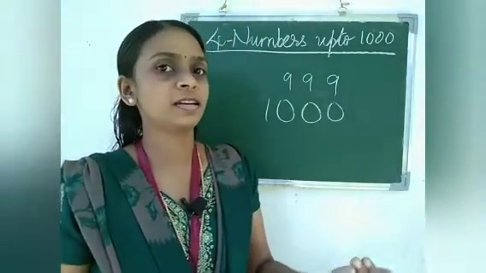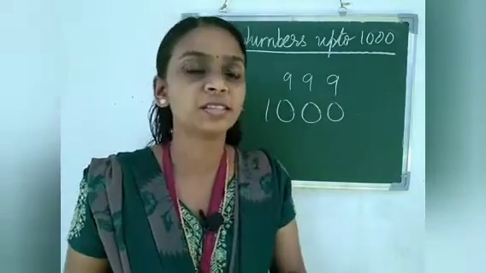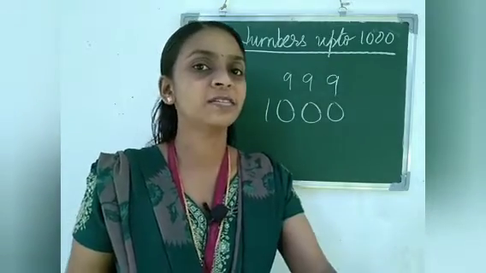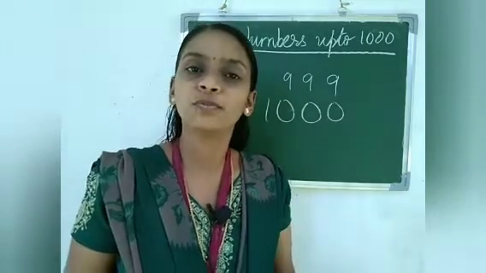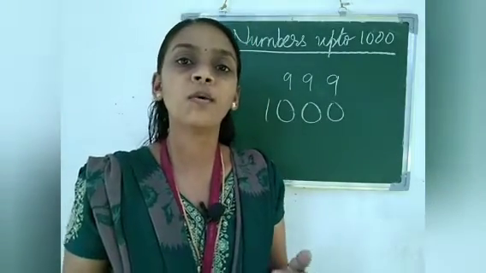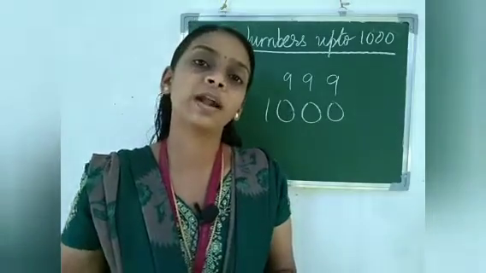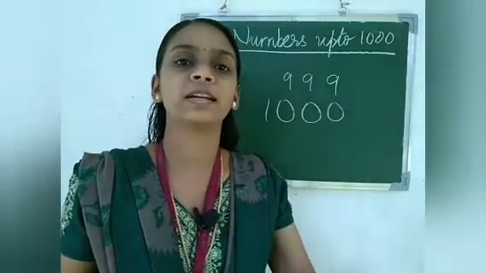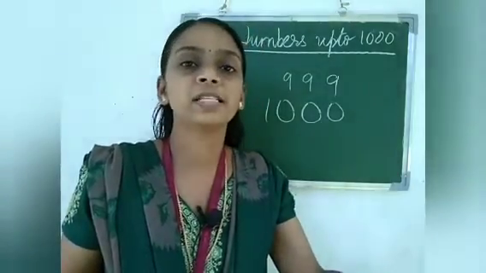So 1000 is the starting 4-digit number and the smallest 4-digit number. I think all have understood the greatest 3-digit number and the smallest 4-digit number. Now we will look at how to build the numbers from 200 to 1000, how to write the number names of those numbers, and how to represent them on a place value chart.